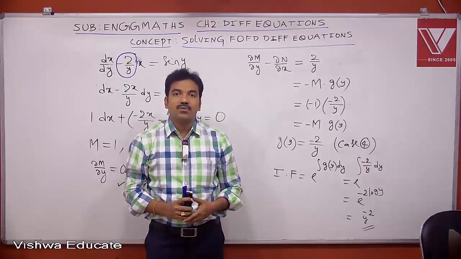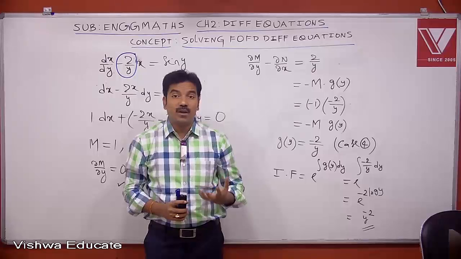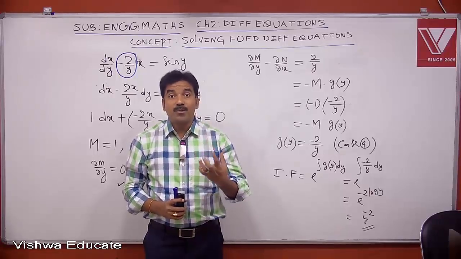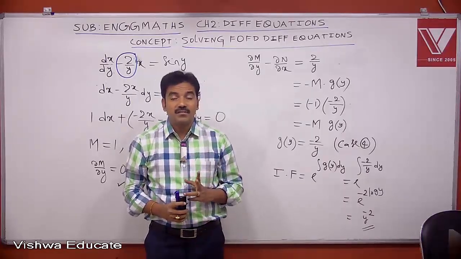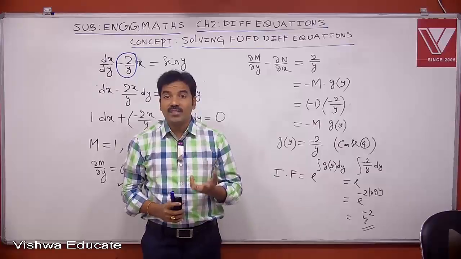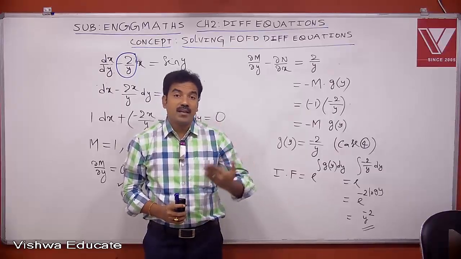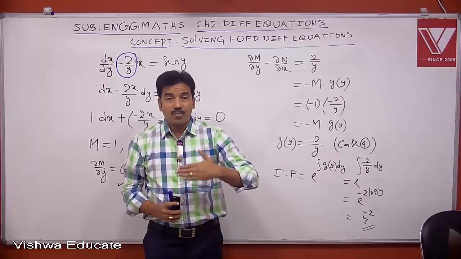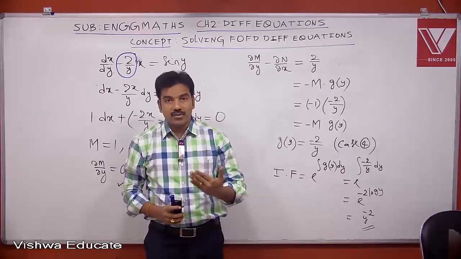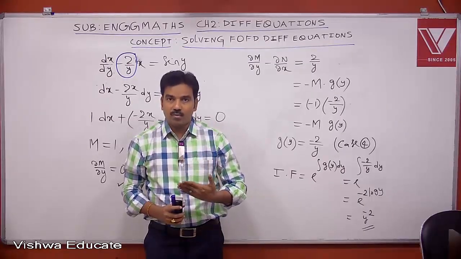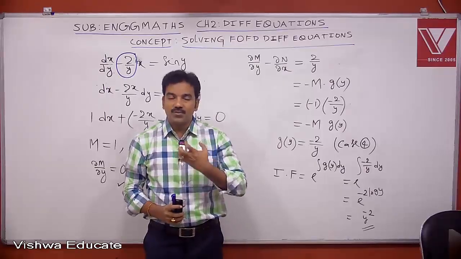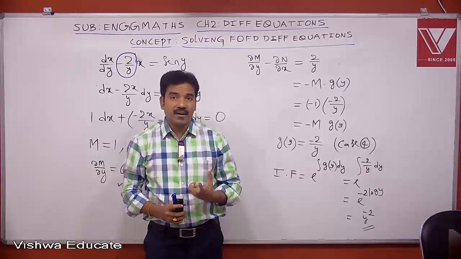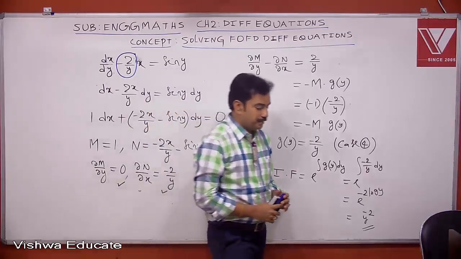Again, in that case also you try to find dou m by dou y minus dou n by dou x. But if the answers are in terms of both x and y, then it may belong to either case 1 or case 2. In that case, you need to go level by level, whether it belongs to case 1, case 2, case 3 or case 4. So this is one of the important models to get integrating factors. Note this example.